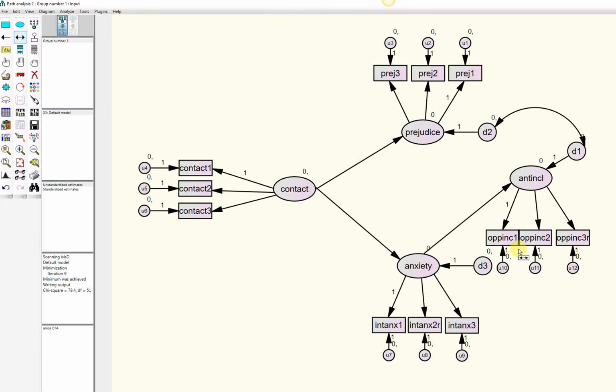So at any rate, this gives a very brief overview of using the AMOS drawing program and carrying out structural equation modeling using latent variables.